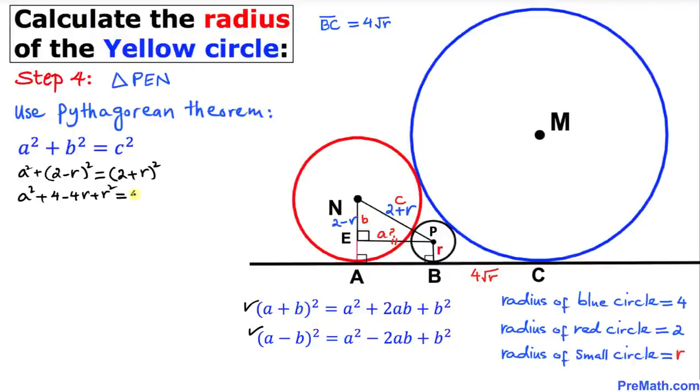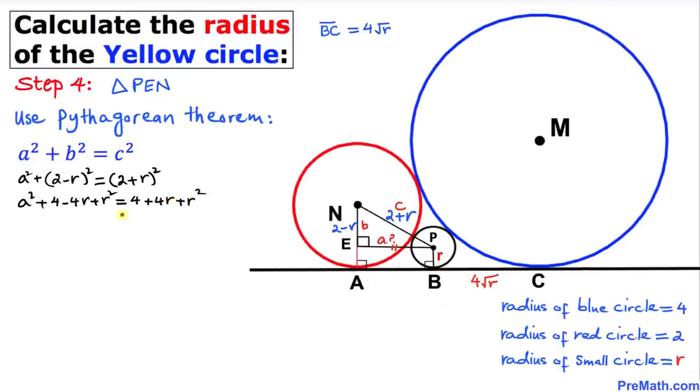That's going to be 4 plus 4r plus r square. And as we can see, this r square on both sides is gone, and this positive 4 on both sides is gone as well. So we got a square minus 4r equal to 4r on the other side.